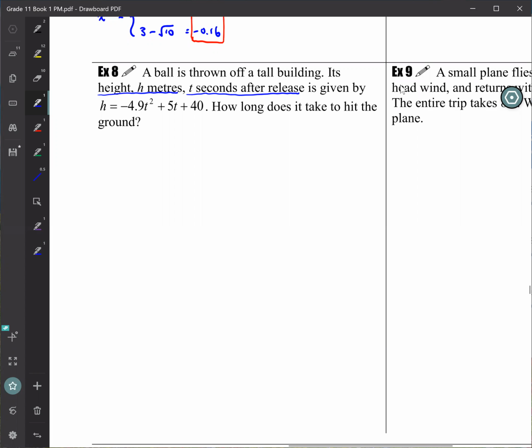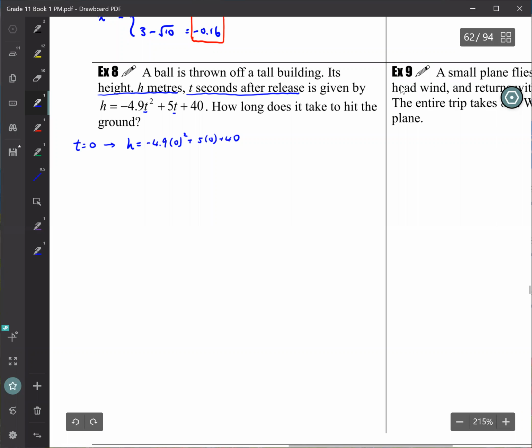So for example, if I sub in t equal to 0, then the height will be, you need to sub into all the t, negative 4.9 times 0 squared plus 5 times 0 plus 40.